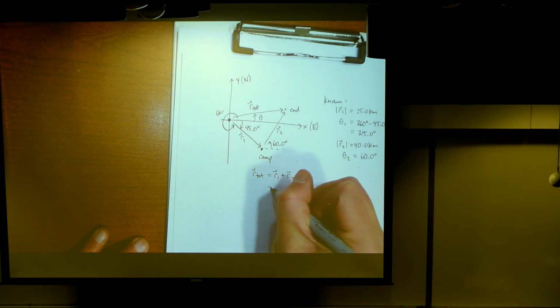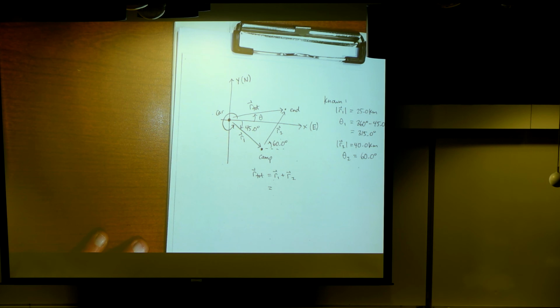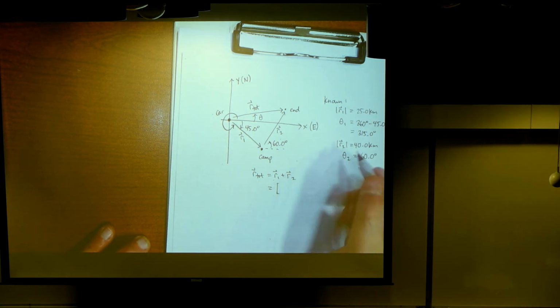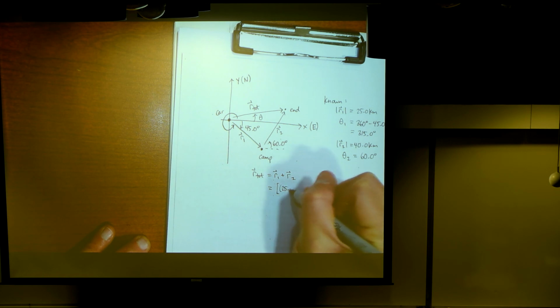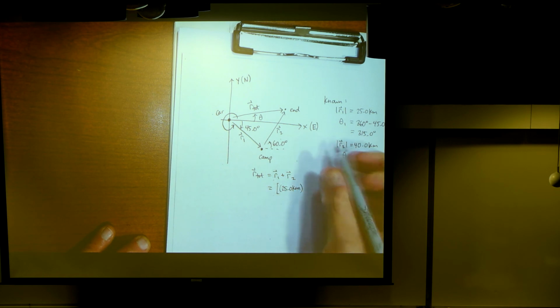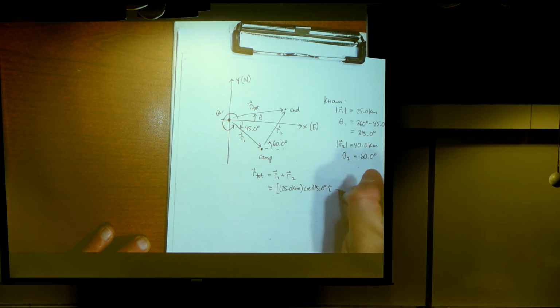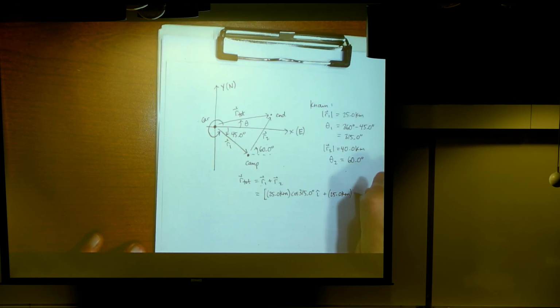Okay, so if I'm adding 2 vectors together, I'm going to break each one into x, y components. My first vector is 25 kilometers cosine 315 degrees i hat plus 25 kilometers sine of 315 degrees j hat.